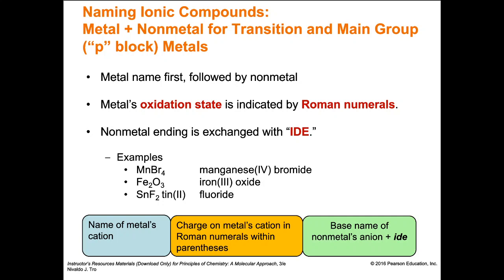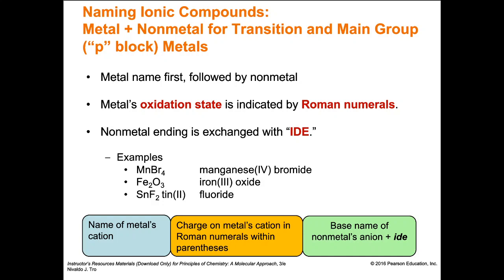So the issue is that certain elements, especially transition elements, can have more than one oxidation state. In other words, they could have a different charge. So they could be +1, +2, +3, +5. There's lots and lots of charge states that transition metals can have. Some more than others, and some are more prone to certain oxidation states than others, and that has to do with stability and things like that we don't have to get into.